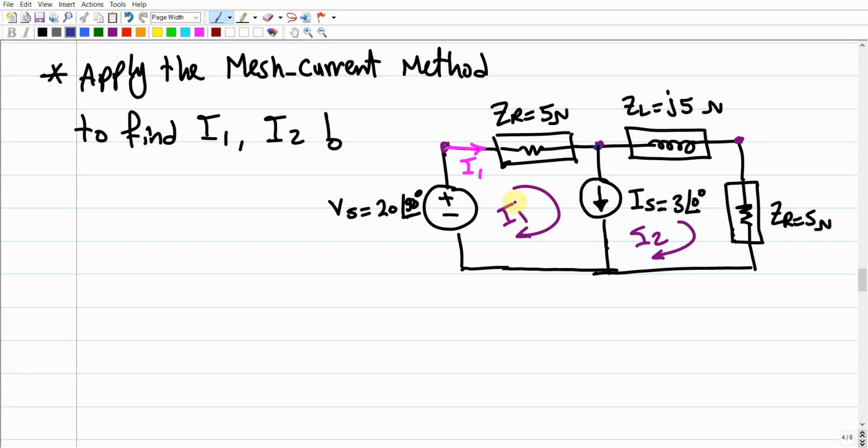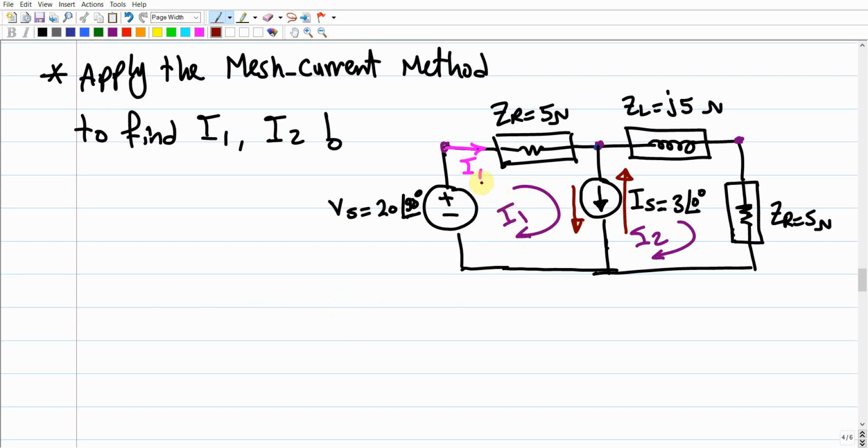Over this branch, I1 is going down, and according to the direction we considered for I2, I2 is going up. So IS should be I1 minus I2, because I2 is opposite to the direction of IS, while I1 is in the same direction. This gives us the first equation.